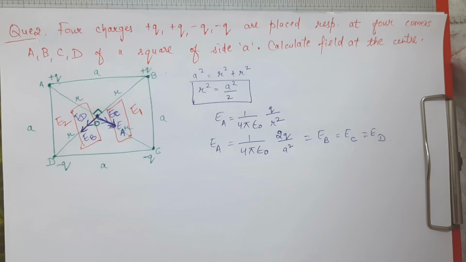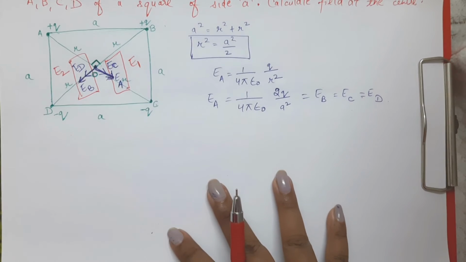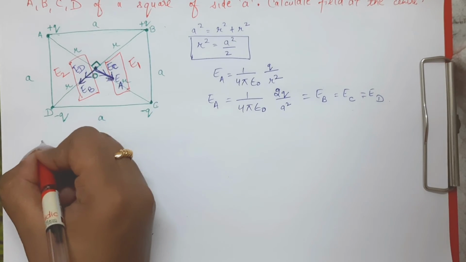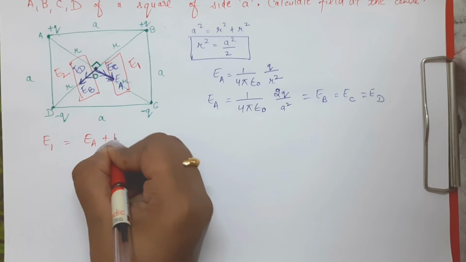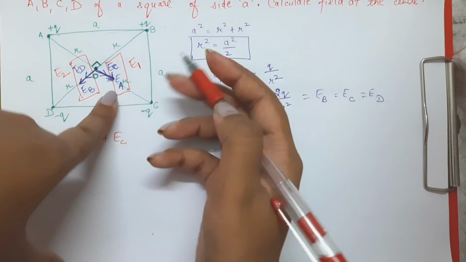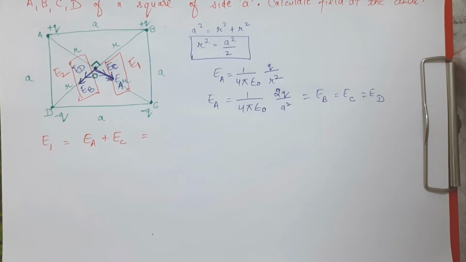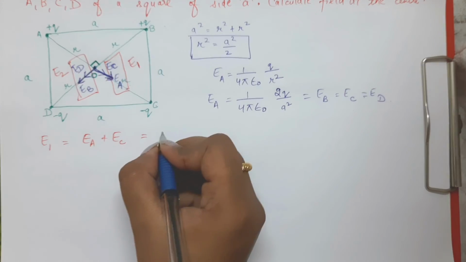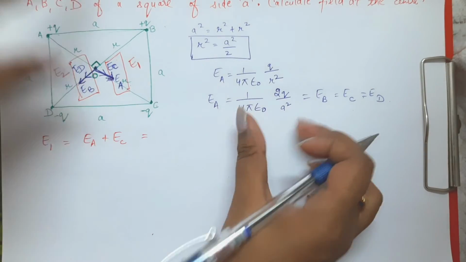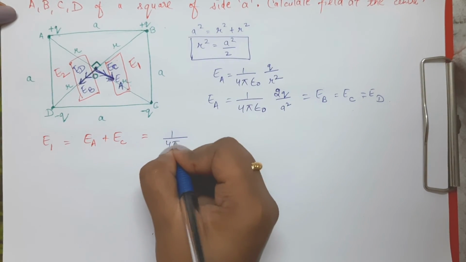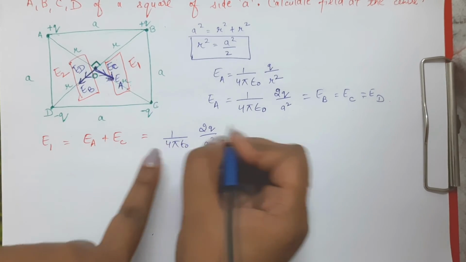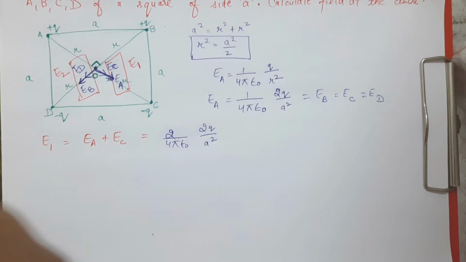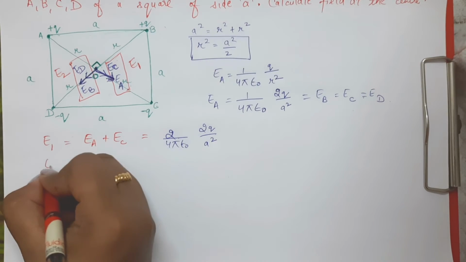Now what we need to do is we need to find out E1. So what will be E1? E1 will be EA plus EC, right? Here we have to add up. So it will become what? EA is 1 by 4 pi epsilon naught 2q by a square plus EC. So it will be 2 times of, right? Similarly E2 will be what?